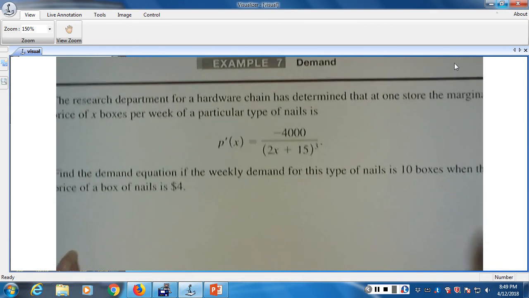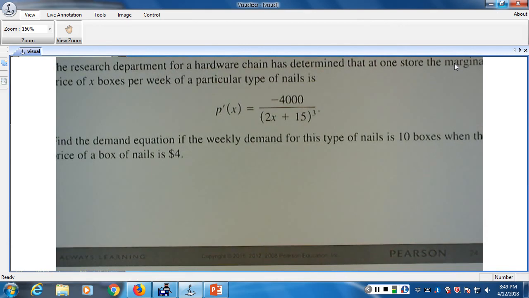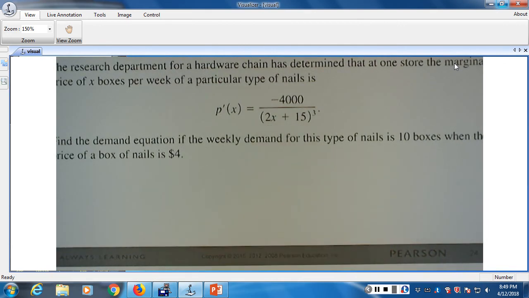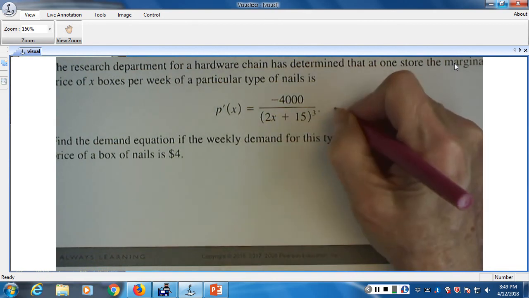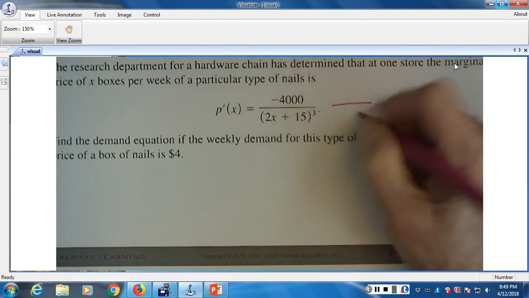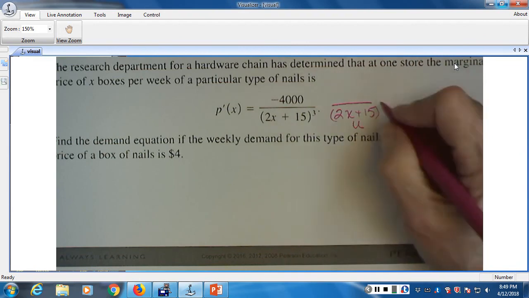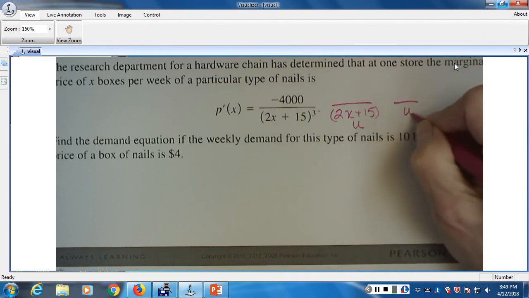Looking at that function, the first thing that I notice is we've got something that appears that it might be a u substitution. It's in the denominator and it's raised to a power. So I'm thinking 2x plus 15 would be u. So that means that might be u to the third power.